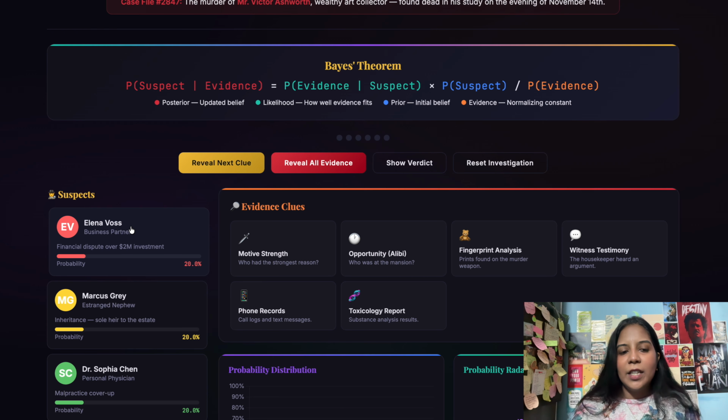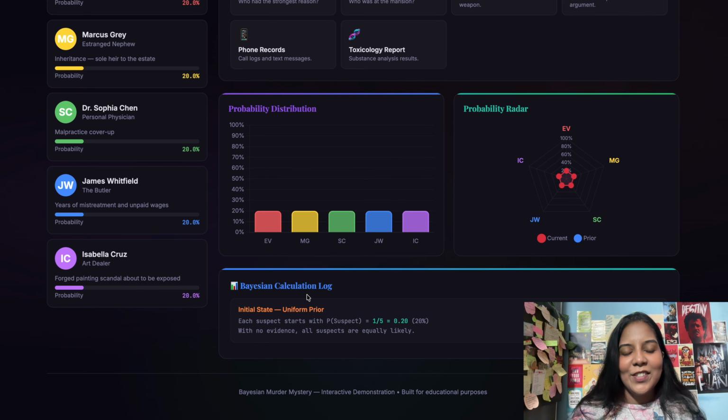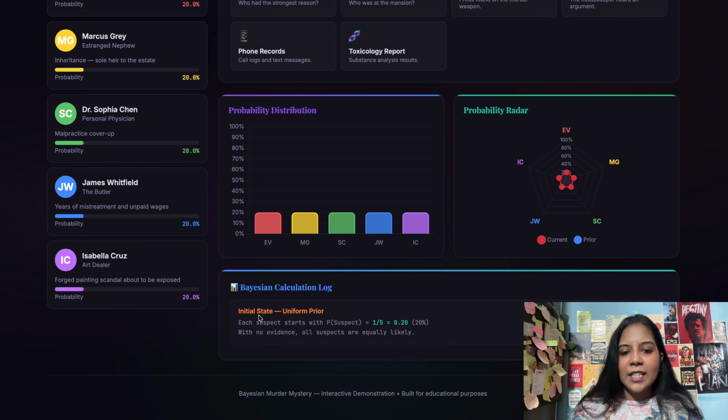Like that, we just distributed the probability of committing this particular murder. So let's see the initial prior data that we took. As I said, out of 5, we have this initial suspect, and committing the murder might be a 20 percent chance.